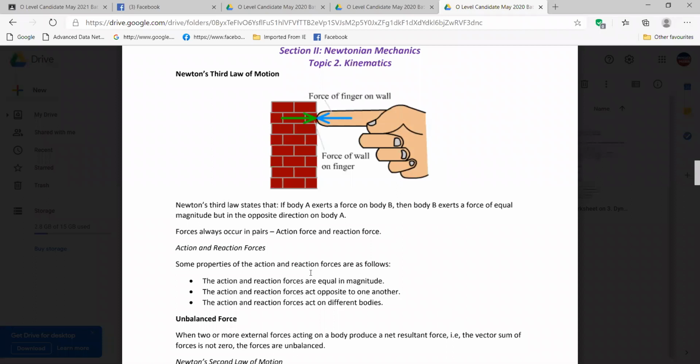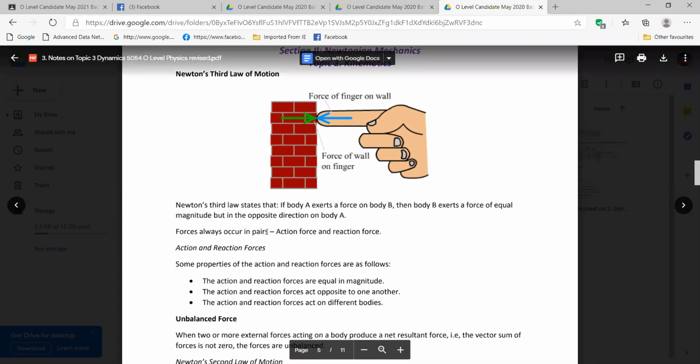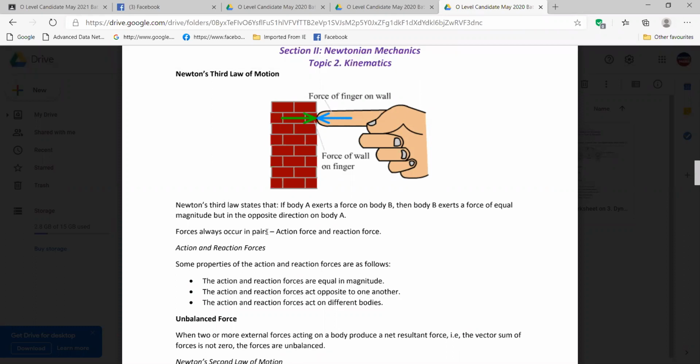In Newton's third law, the forces we are getting are action and reaction, that is also called pair force, because forces always occur in pairs. Here, action and reaction force, and there will be two objects or two persons or two bodies. Clear?